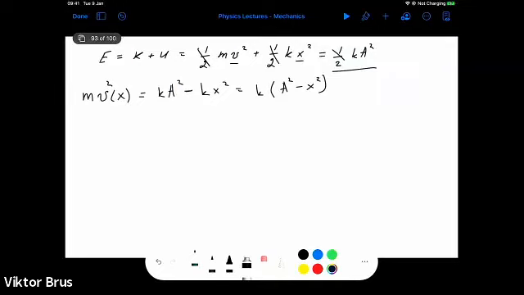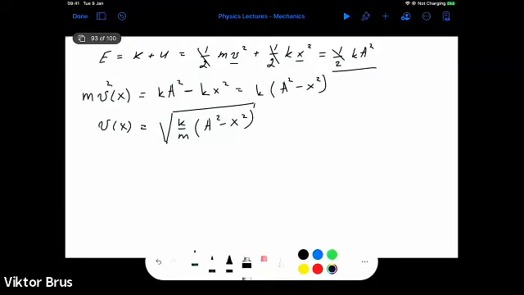And from here, v as a function of x will be equal to the square root of k divided by m times a squared minus x squared.